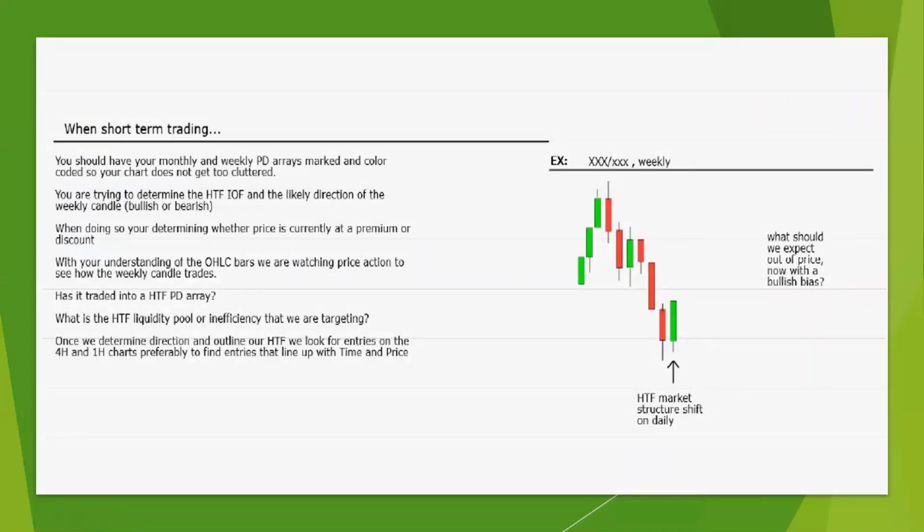As a whole, we're at a discount, but we want to see price trade down to open the week. So when price opens up, we would prefer to see price trade down into a discount array or a bullish order block, something of that nature, and then trade up into a premium array. This is what we should expect.